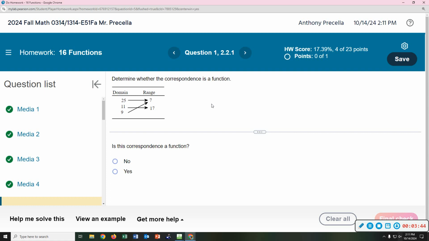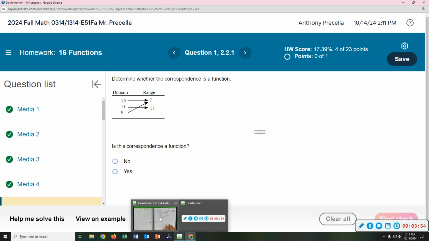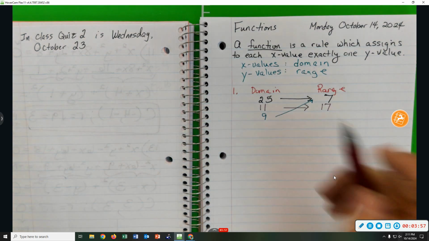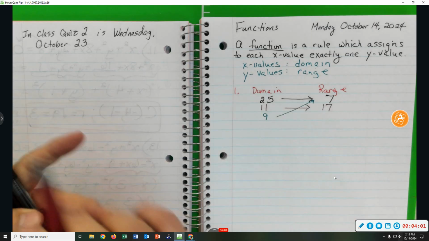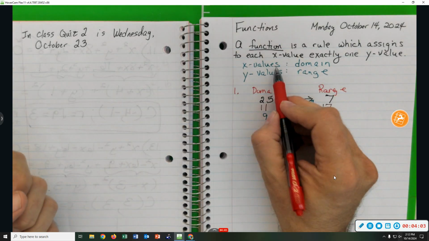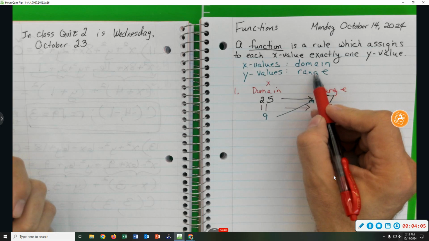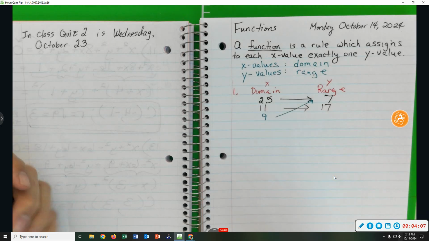Okay. And it asks, is this correspondence a function? Well, let's look at what I've written here. Okay, so 25 is being assigned the y value 7. Remember, domains are x values, range are y values.